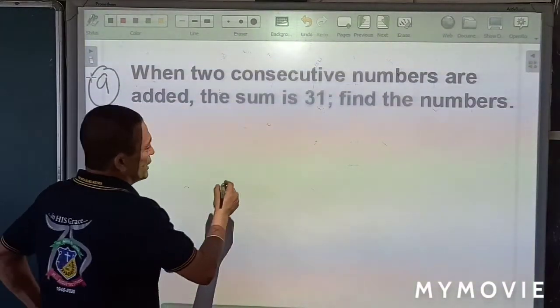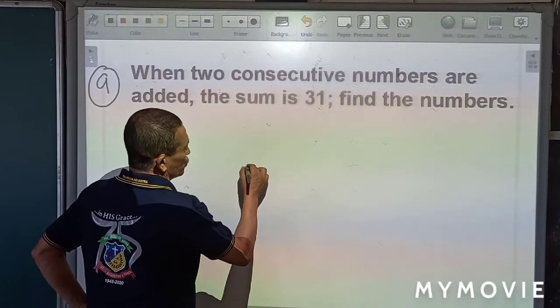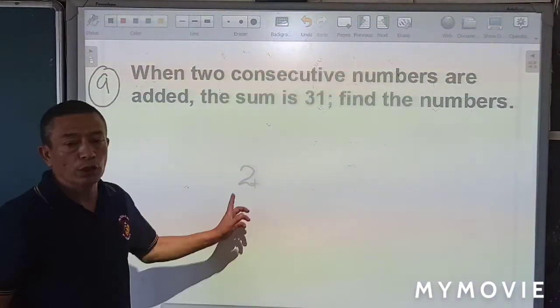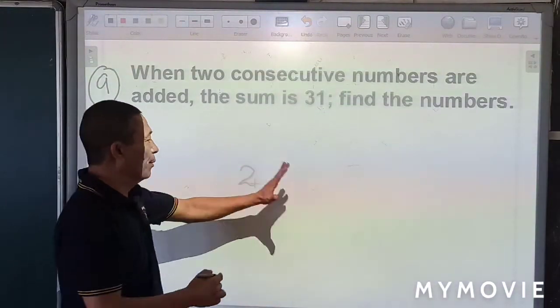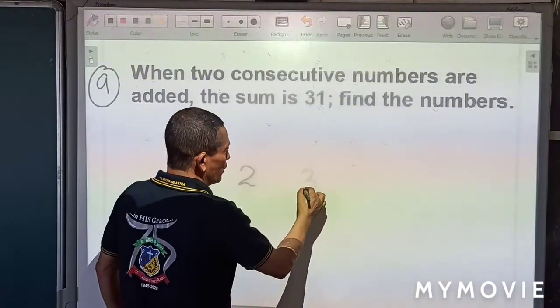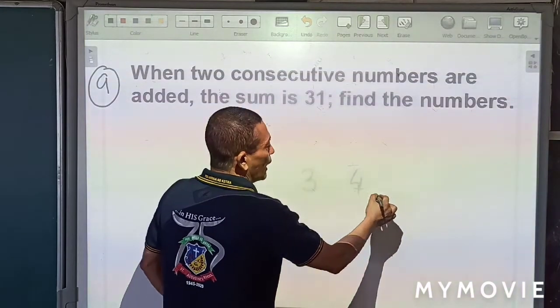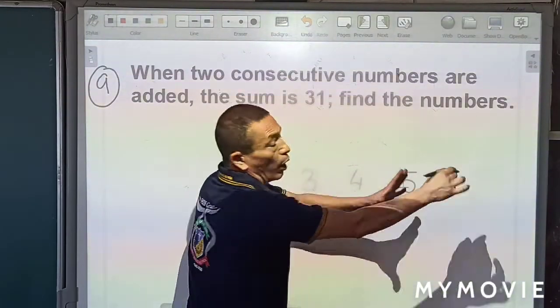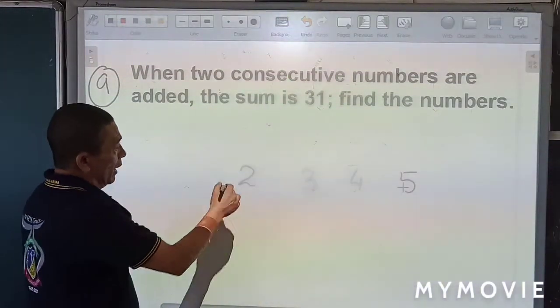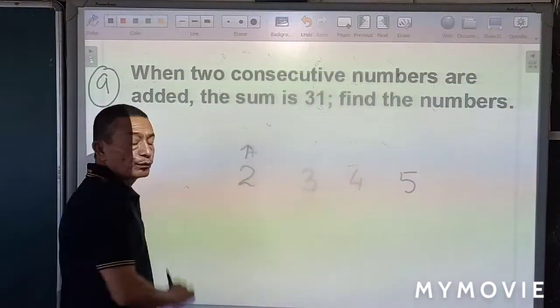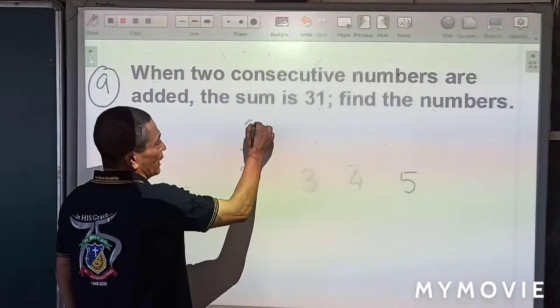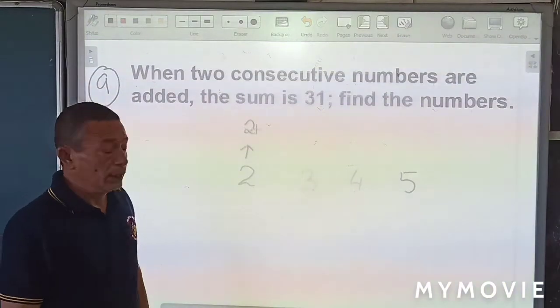Suppose a number is given to us as 2. What will be the next number? The next number is going to be 3 followed by 4 and 5 and so on. Now, I know this number 2. So, let's take this to be 2.